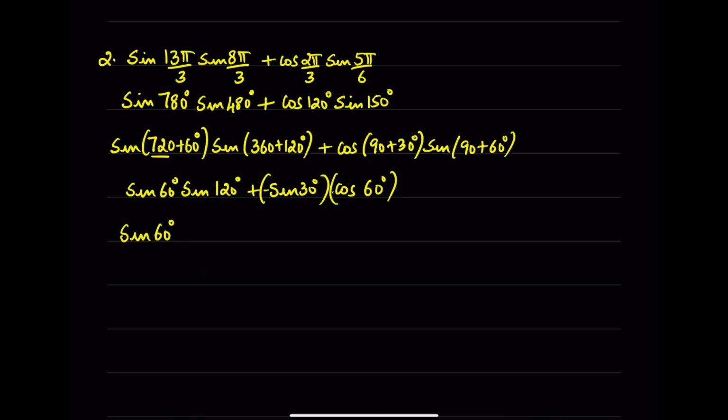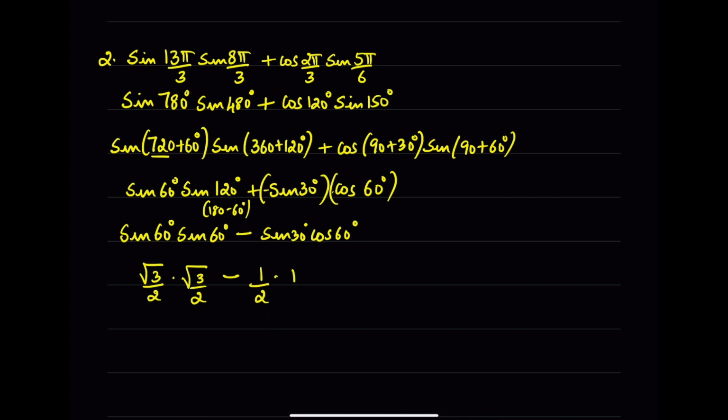This will be sine 60 degrees times, this can be written as 180 minus 60. So this will be sine 60 minus sine 30 cos 60. Now let's apply the values. This is square root of 3 by 2 multiplied by square root of 3 by 2 minus 1 by 2 times 1 by 2. So this would change to 1 by 2. So that is the value of the second question.